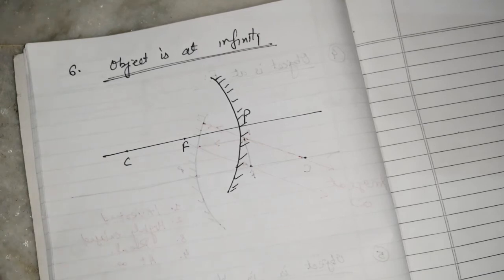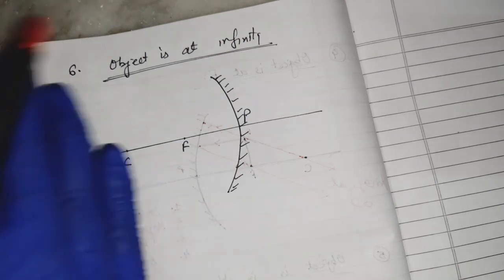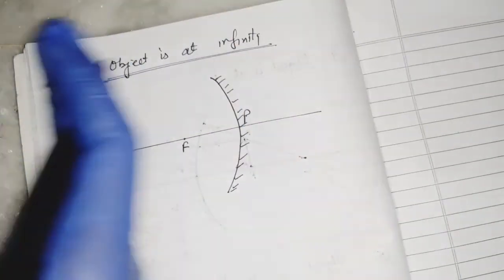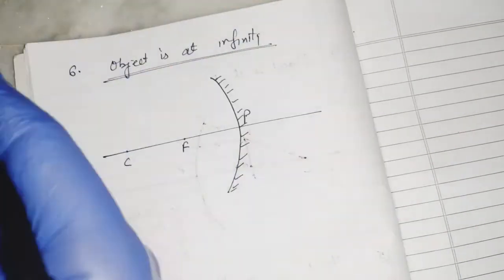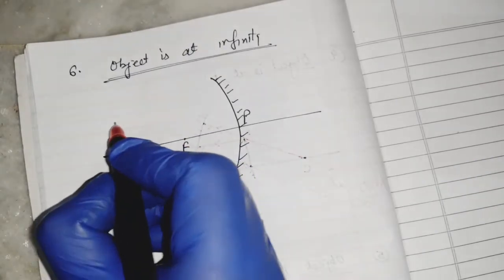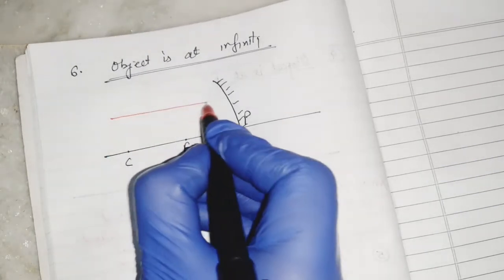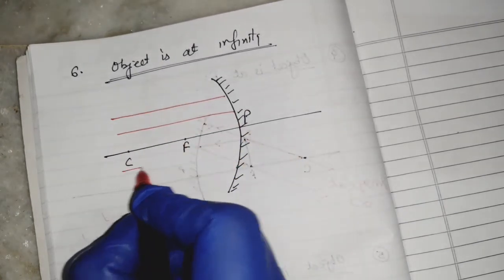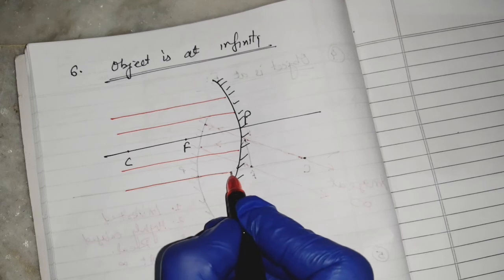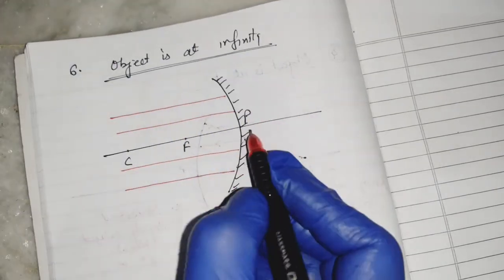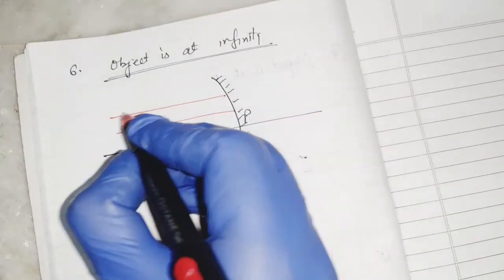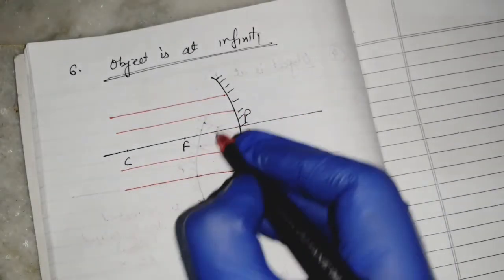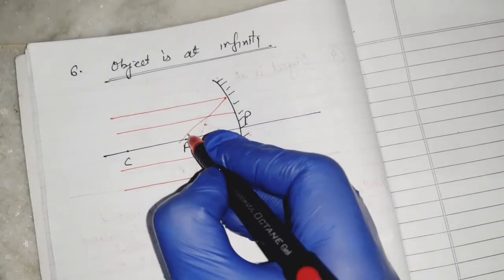So students, when the object is at infinity, you can take the rays coming from the object, but you cannot draw the object because it is at infinity. You can only draw the rays. Suppose this is a ray, this is another ray, this is a third one, a fourth one. So many rays are coming, but all rays are parallel to the principal axis, so they pass through F.